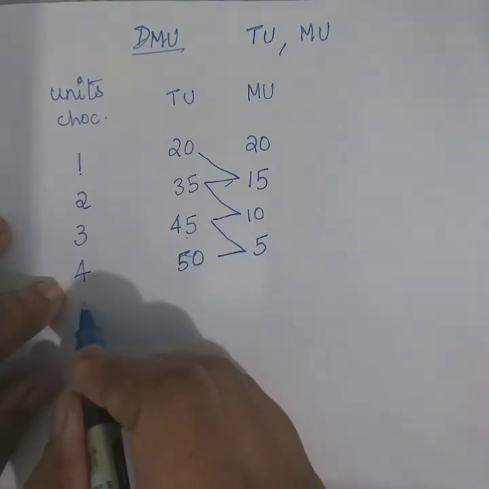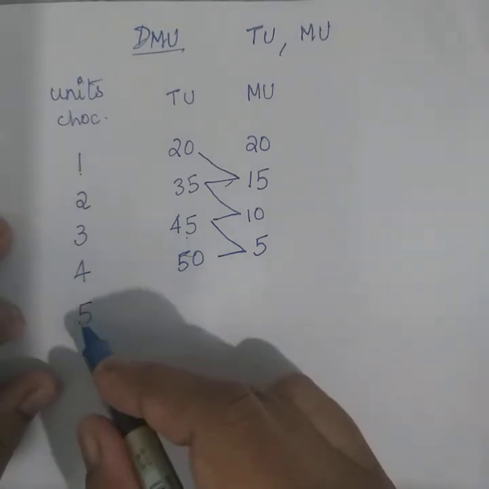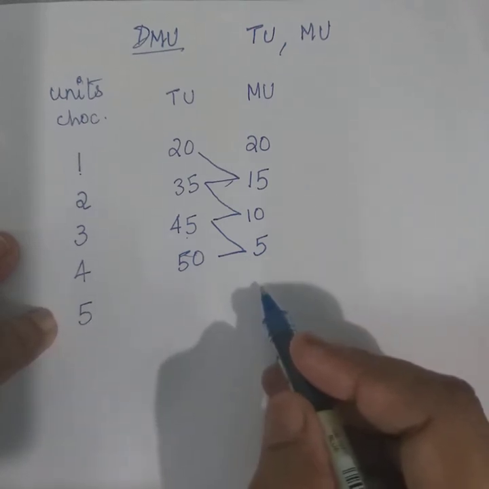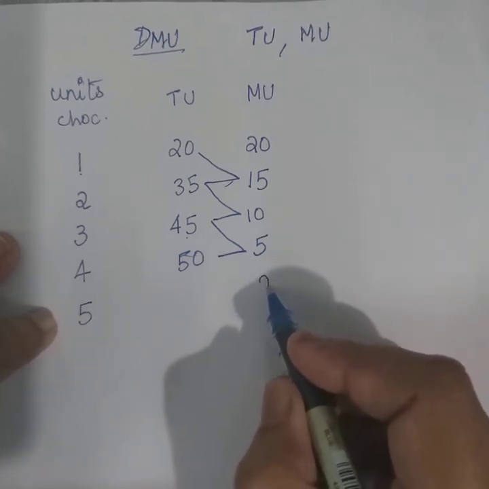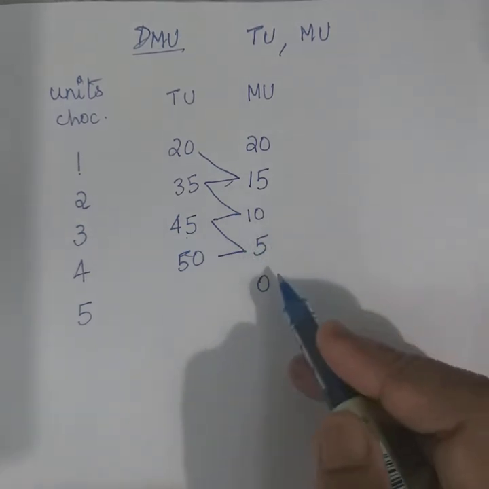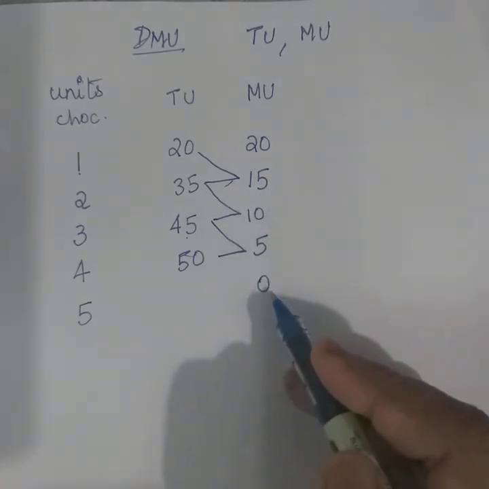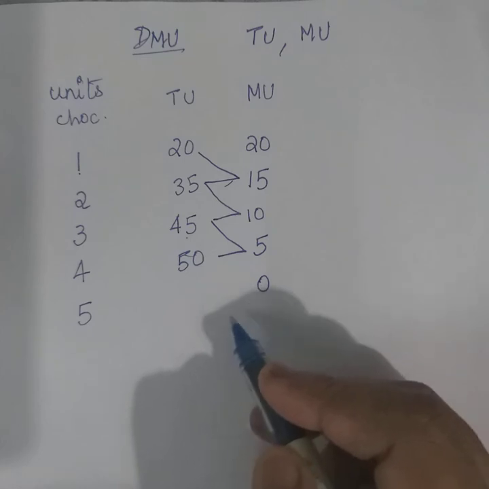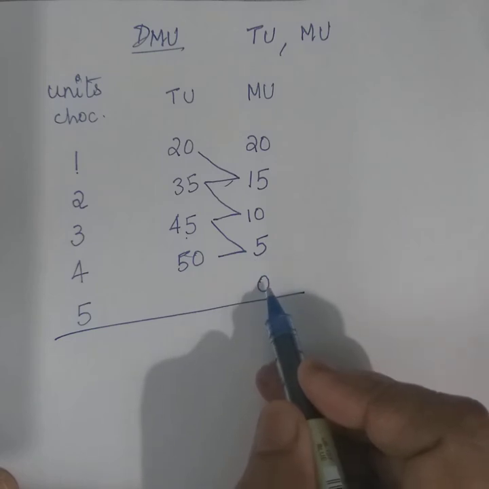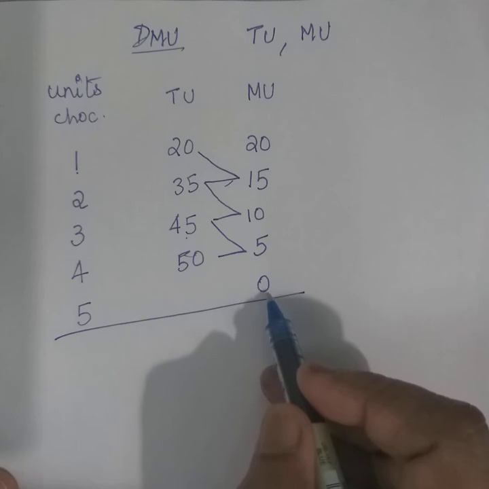One more unit, the consumer decides, okay, let me go for the 5th unit of chocolate. If he consumes one more unit, then probably the additional utility will be nothing. Even as the consumption continues, the additional units give lesser and lesser additional utility, so there is a point where the additional utility, or the marginal utility, becomes nil.